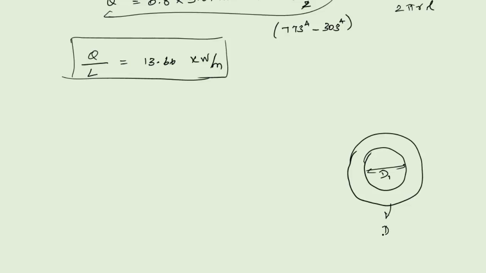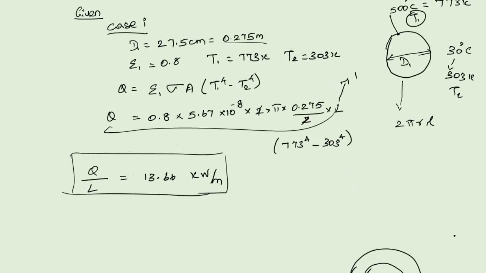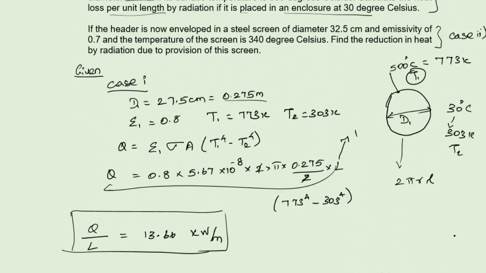This diameter is D2 equal to 32.5 centimeter, which is equal to 0.325 meters. And the steel screen emissivity is 0.7. So epsilon 2 equals 0.7, and the temperature of the screen is 340 degrees Celsius.